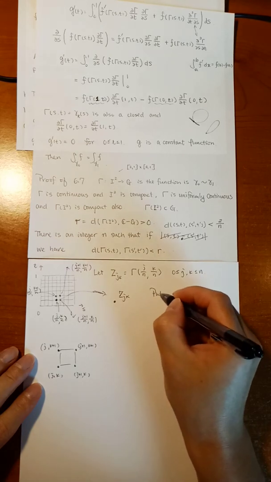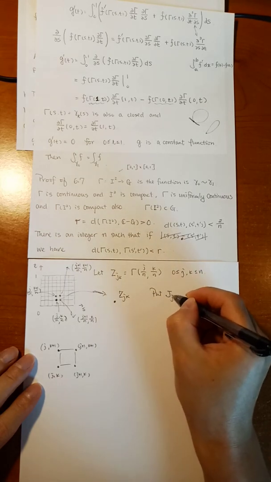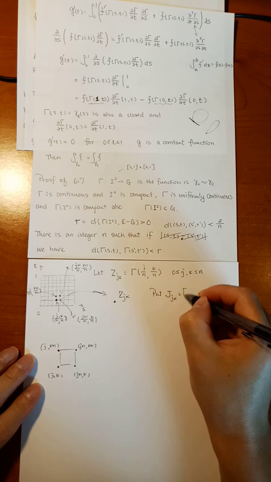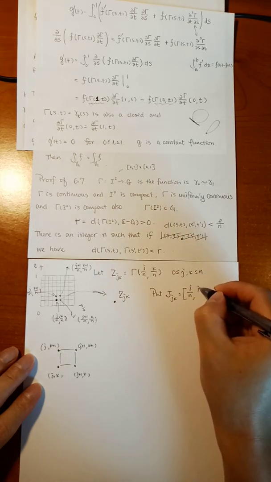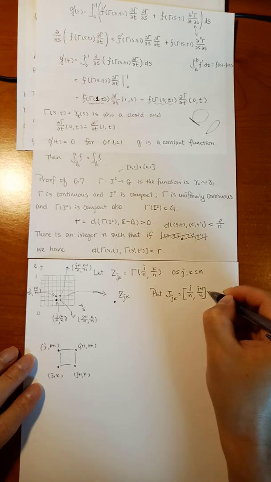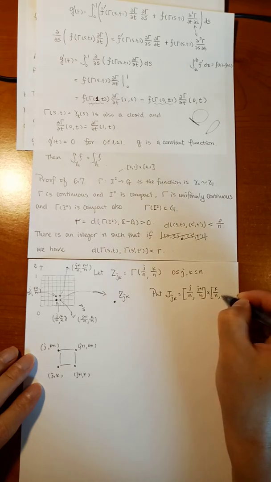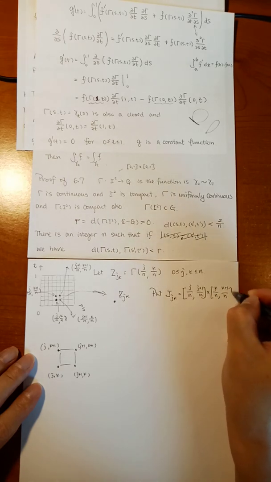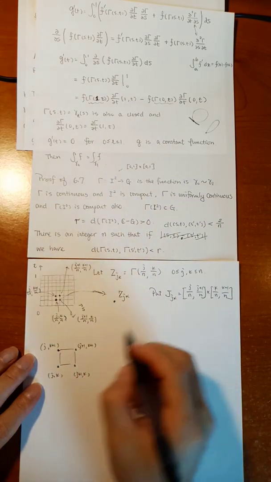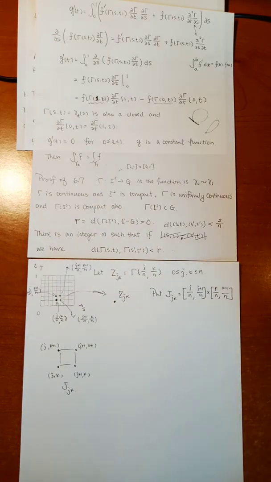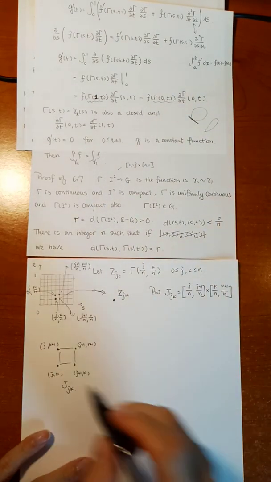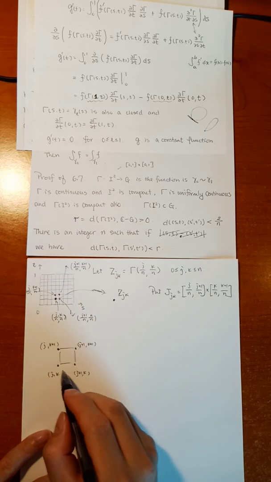Put capital Rjk to be this: j over n to j plus 1 over n, cross k over n to k plus 1 over n. So this is Rjk. It's a small square. And what is the side?